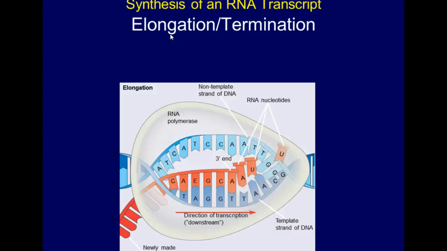We call that the antisense strand, S-E-N-S-E, antisense strand. So you can see now the direction of transcription, called downstream. Later on, we're going to talk about transcription that occurs upstream, but for now, we're talking about downstream from the 5' to 3' end.